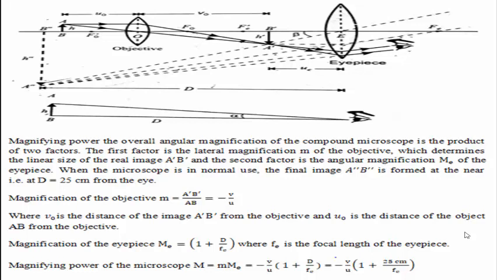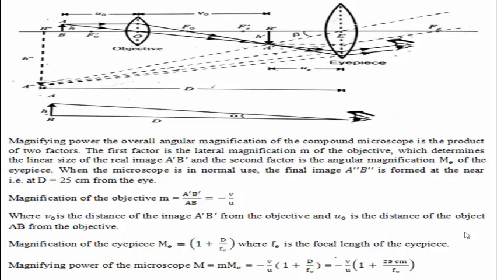When the microscope is in normal use, the final image A'B' is formed at the near point, that is, at D equals 25 cm from the eye.